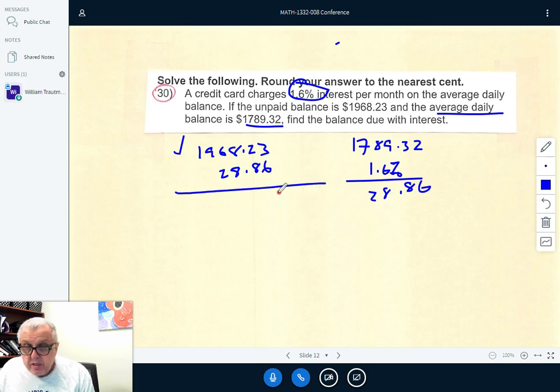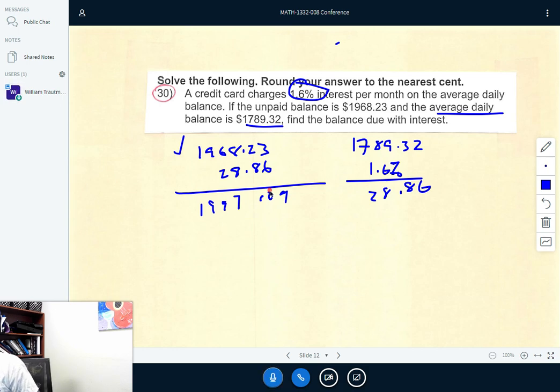So if I owe the credit card this much and I earned this much interest, I just add those two up. Let me add it up. 1968.23 plus 28.86. I get 1997.09.